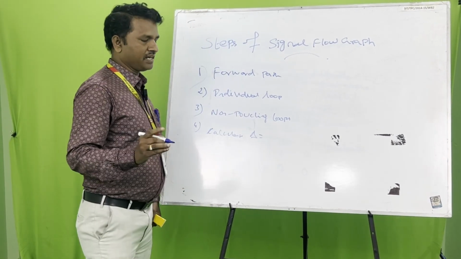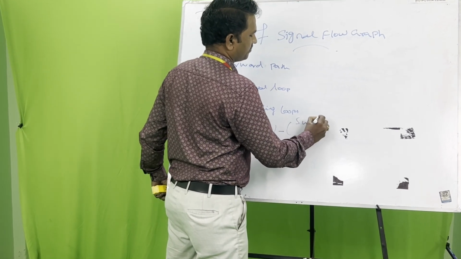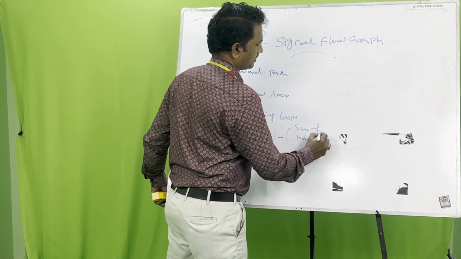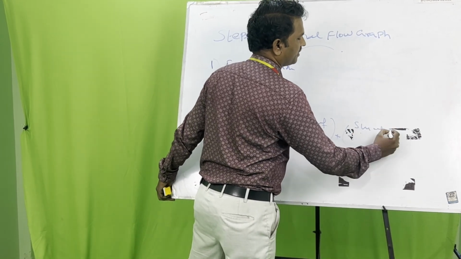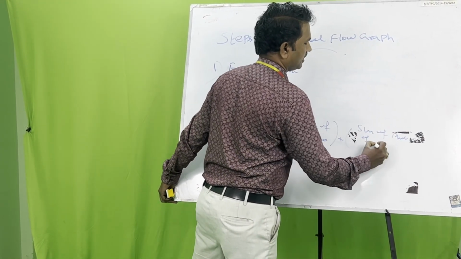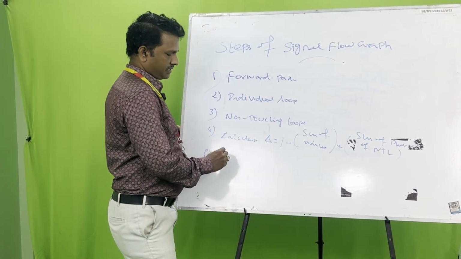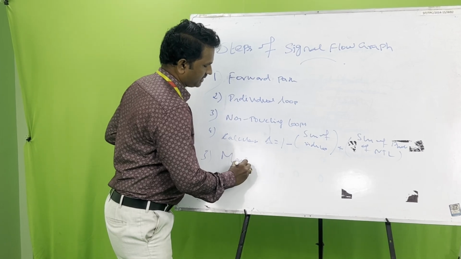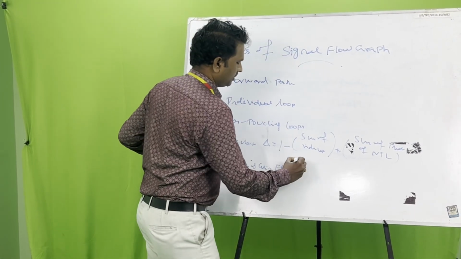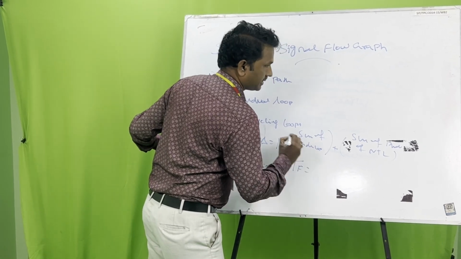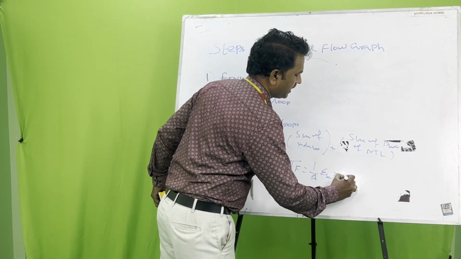Delta is equal to 1 minus the sum of individual loops plus the sum of products of non-touching loops. The fifth step, the most important one, is Mason's gain formula.